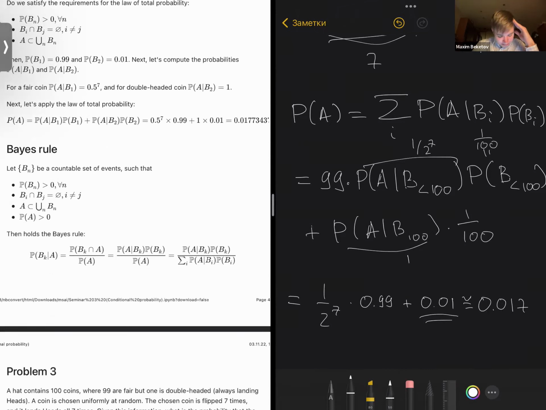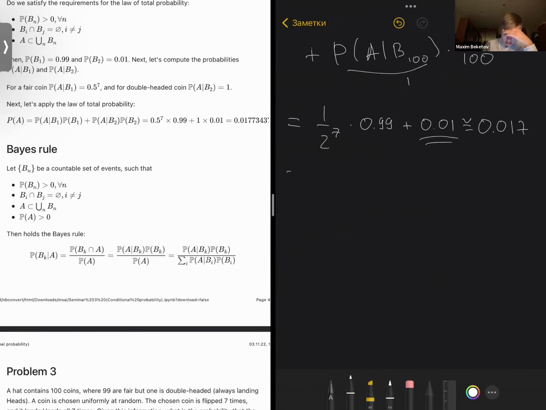Okay. And also you have Bayes' rule. We've seen Bayes' rule for two events, A and B. But we can also look at it if we have a set of events that partitions the space.